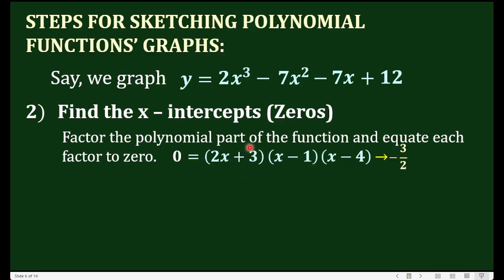So for this first factor equated to 0, we will find that the value of x is negative 3 halves. For the second factor equated to 0, we have x equals 1. And for the third and final factor equated to 0, solving for x, we have x equals 4. So these three values are the zeros or the x-intercepts.